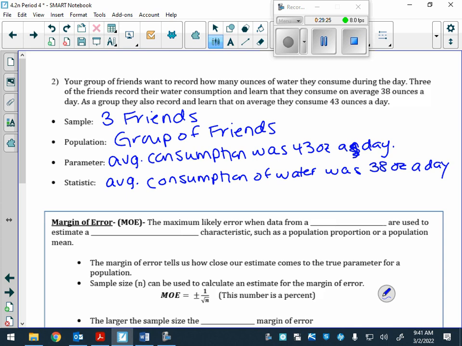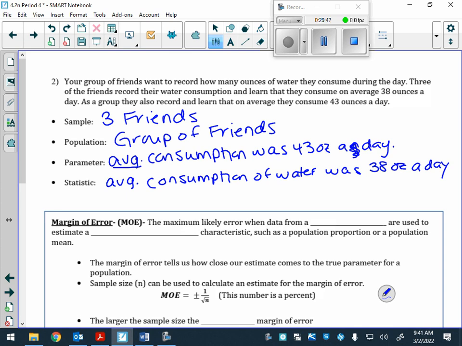So you could change this and say the average consumption for the group was 43 ounces, but it's always a numerical value or some sort of average, percentage, something like that, but it refers back to the population.